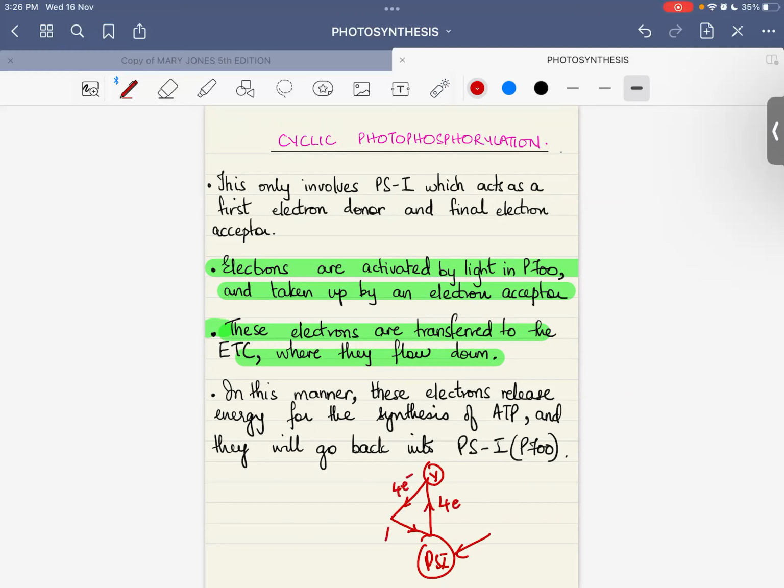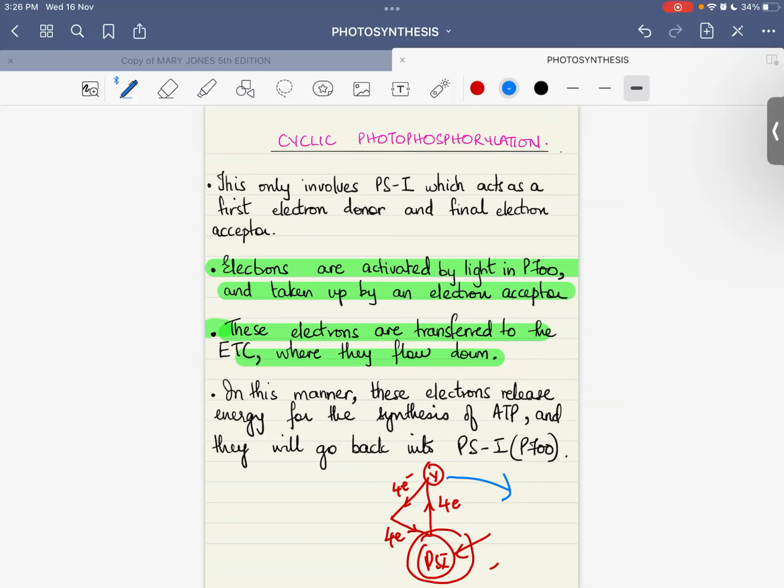So the first electron donor is photosystem 1, and the final electron acceptor is also photosystem 1. हालांकि रास्ते में उनको इलेक्ट्रॉन एक्सेप्टर मिला था जो कि था Y. But then the final electron acceptor and the first electron donor are both photosystem 1 in cyclic photophosphorylation. समझ आ गई ये बात या नहीं? Yes, I get it.